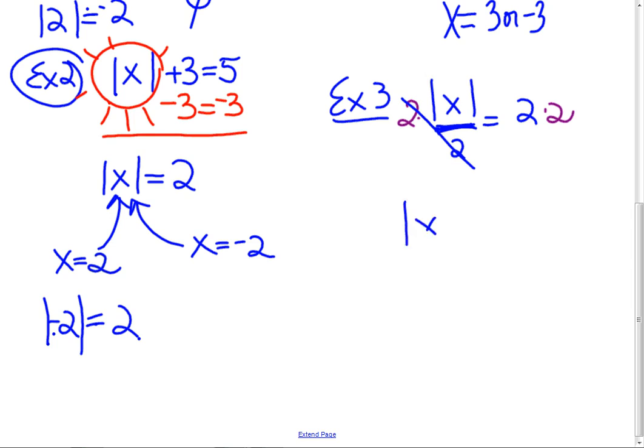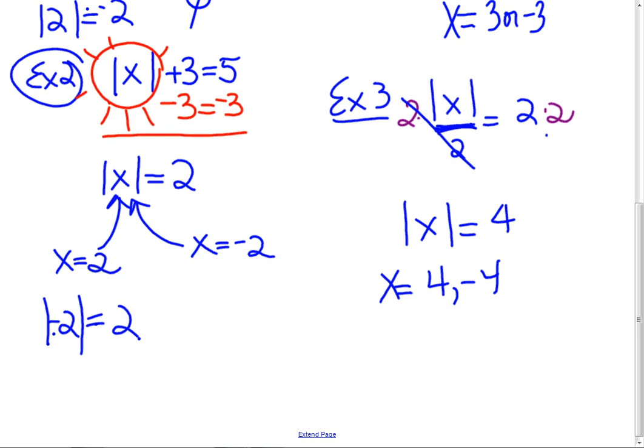So the absolute value of x is equal to what? Cole, what is this? What's 2 times 2? That's 4. Good. What numbers can you put in here to make this true? 4. What else can you put in here? -4.